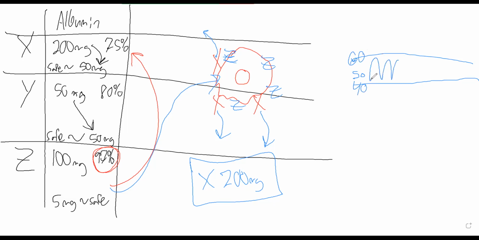So we want to be somewhere between here. But if we introduce something with a lot higher binding affinity, this number is going to jump up because it's going to be free in the plasma, which when we dosed it originally, wasn't an issue. But when we added something else, it freed up a lot of drug into the blood, which increased it into the toxic range. Is that better?